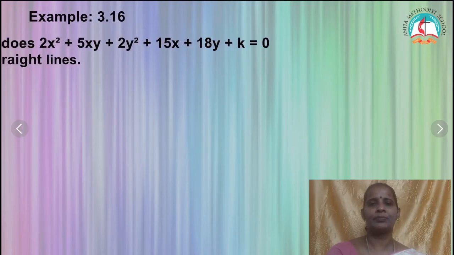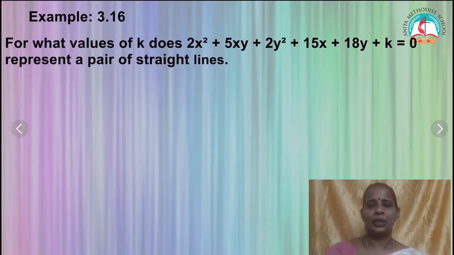Now we move on to the next question, which is example 3.16. Here it represents a pair of straight lines and asks you to find one of the unknowns. Last time you proved it is a pair of straight lines, but here we use the condition: ABC plus 2FGH minus AF square minus BG square minus CH square is equal to 0.